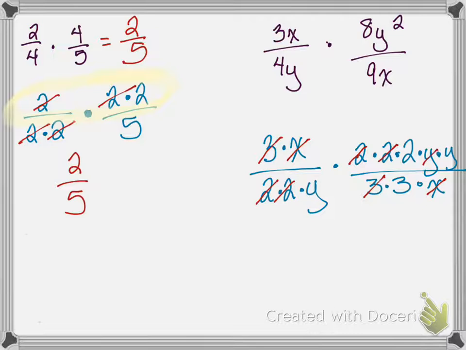I have a y here and a y here. So we canceled out a lot of stuff. So you want to be sure you find everything that's left. I have a 2 left right here, and I have a y left right here. So in my numerator, I have 2y that's left. In my denominator, I've got a 3 that's left.